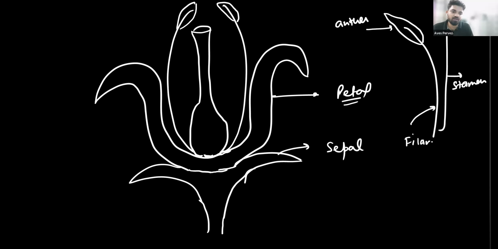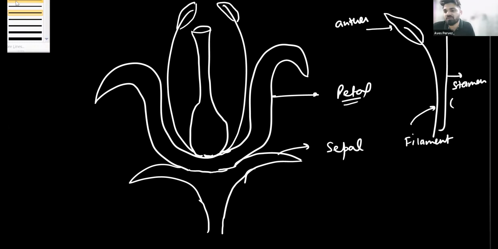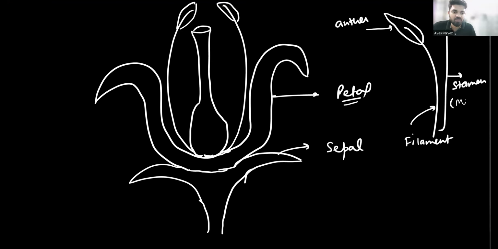What do we call it? Filament. Did you understand? And this stamen is the male reproductive organ of the flower.